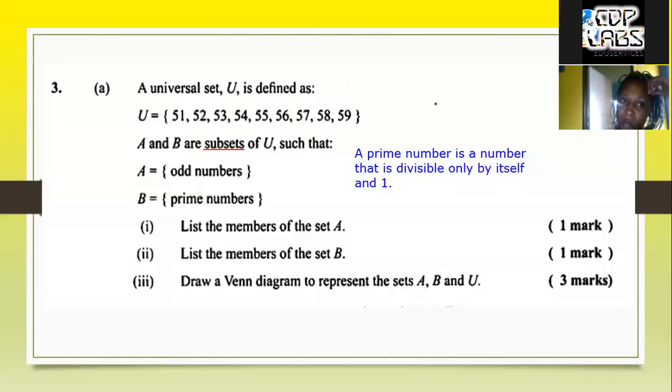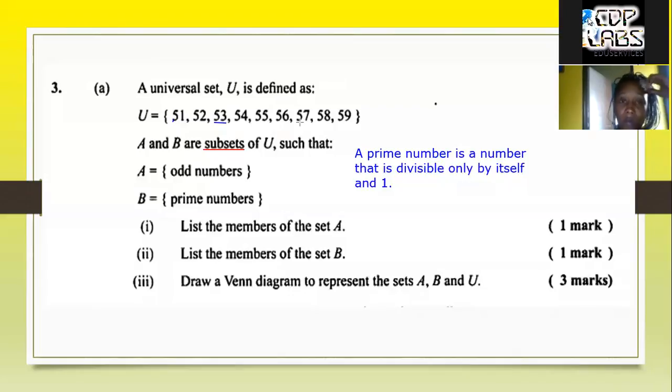So let us underline the prime numbers we have identified so far. We have 53, which is a prime number. What about 57?